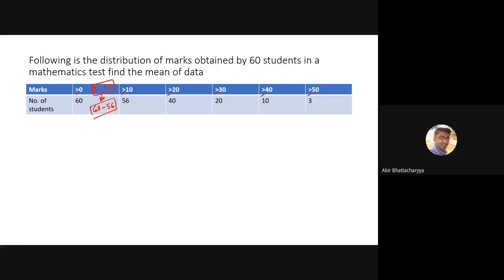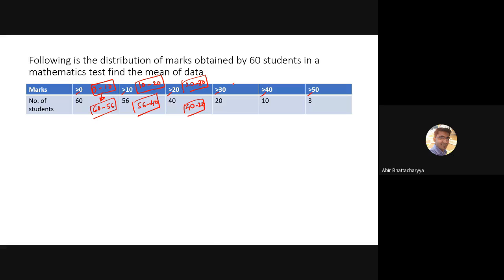Now 10 to 20 means 56 minus 40. Now 20 to 30 means 40 minus 20. Like that we have to go.